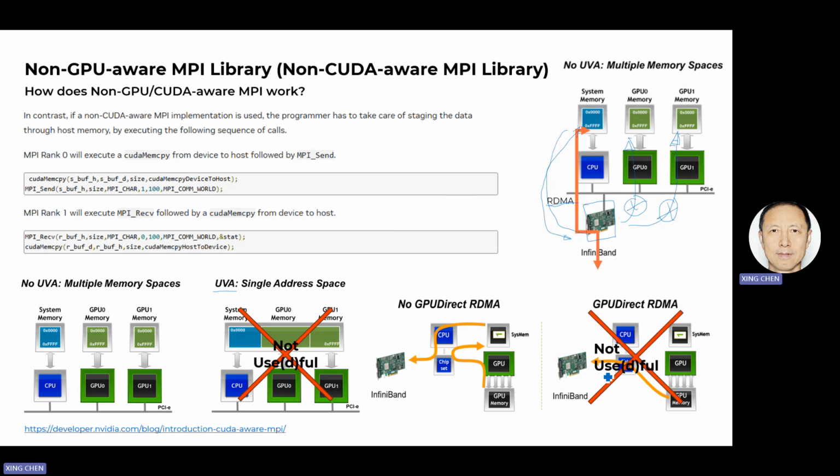So for the traditional MPI library, for MPI communication to happen, the data has to be in the system memory.